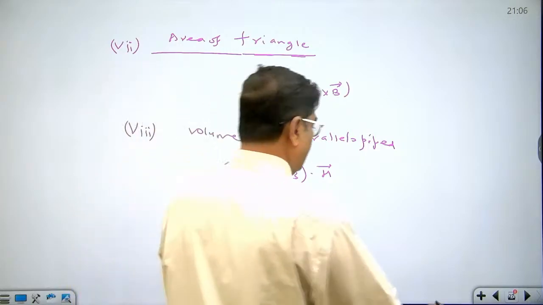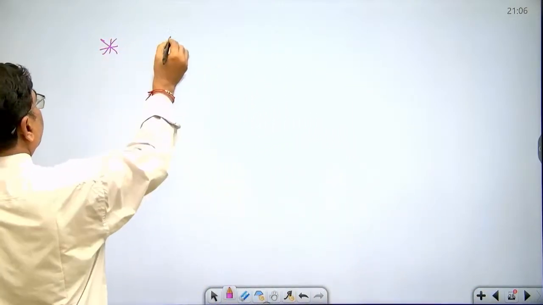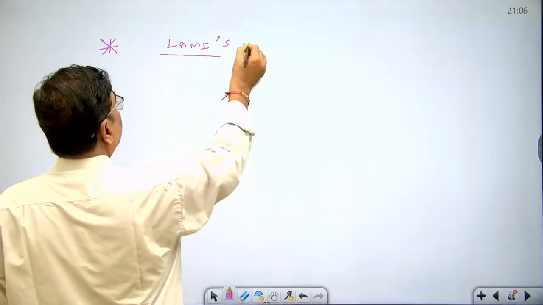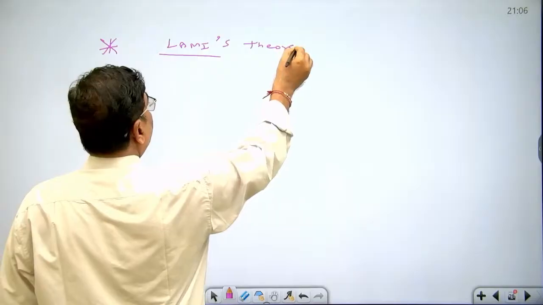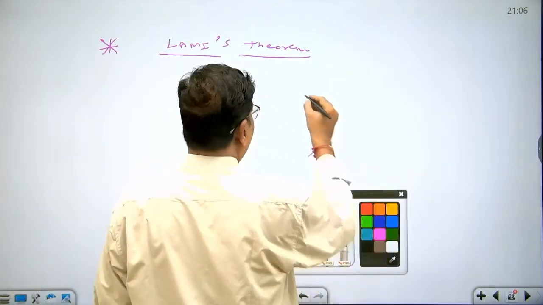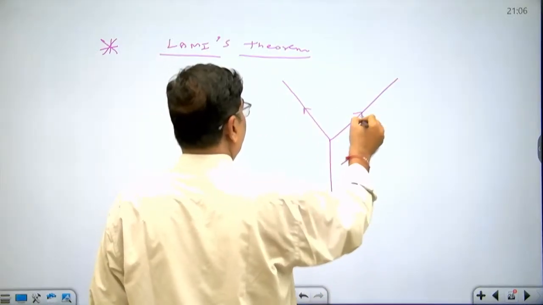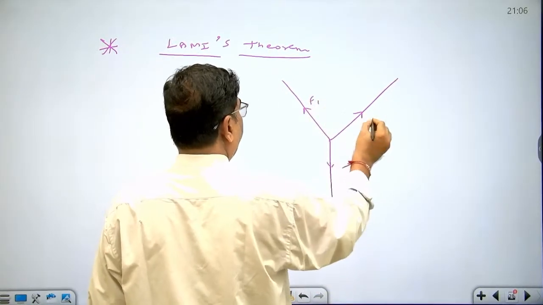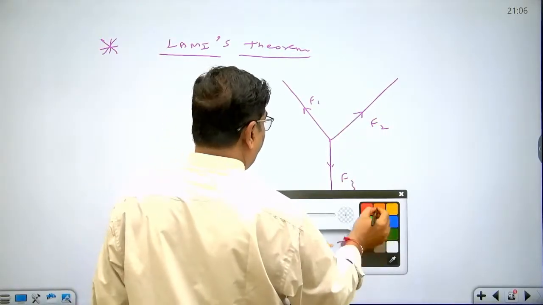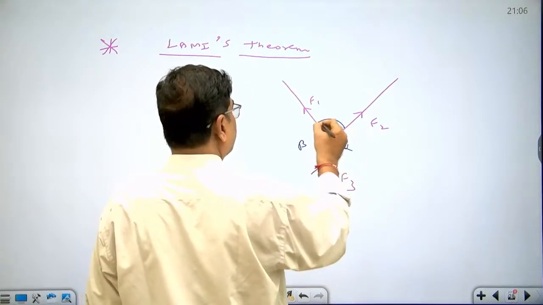And dear student, now I am telling one very important result, that is Lamy theorem. If a body is in equilibrium and three forces are acting at a point, let us assume F1, F2 and F3 are the three forces acting at a point at angle alpha, this is beta and this is gamma.